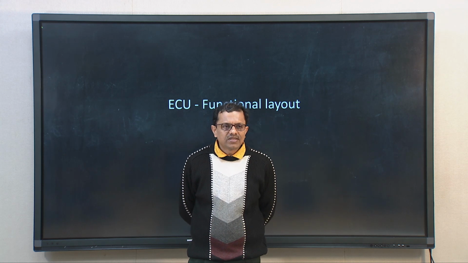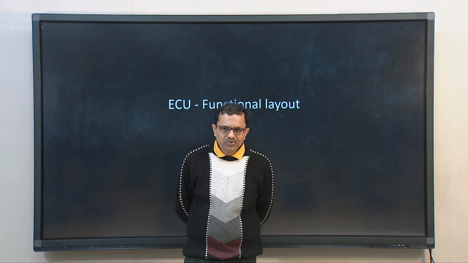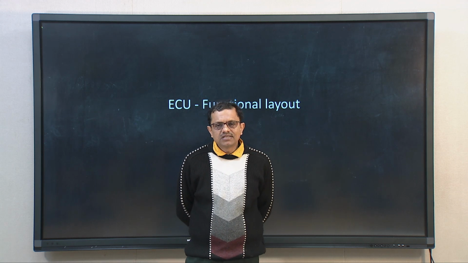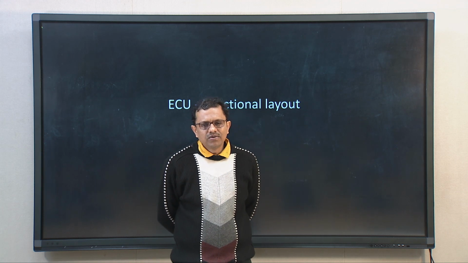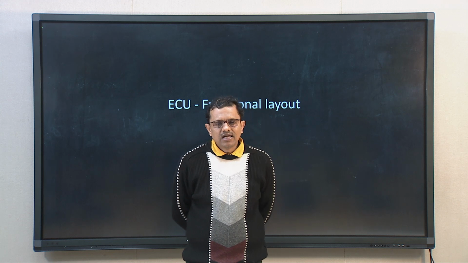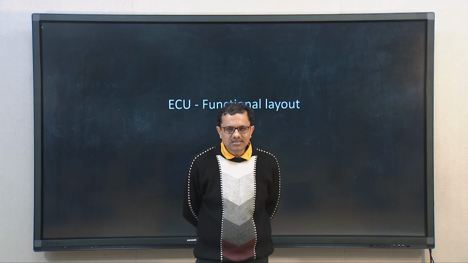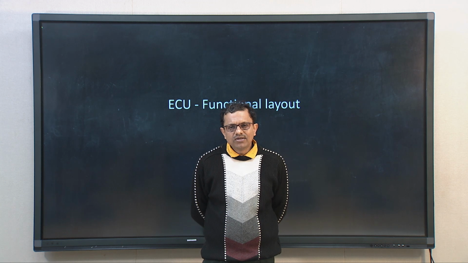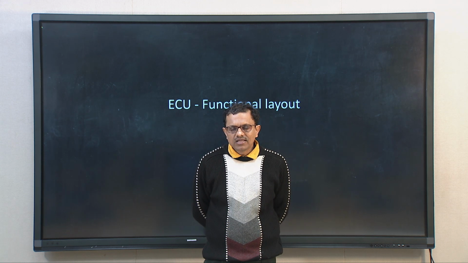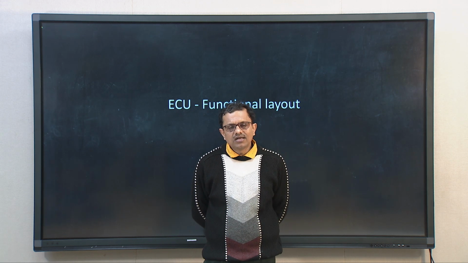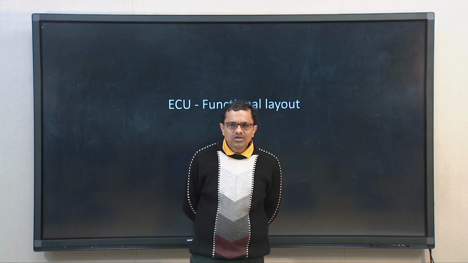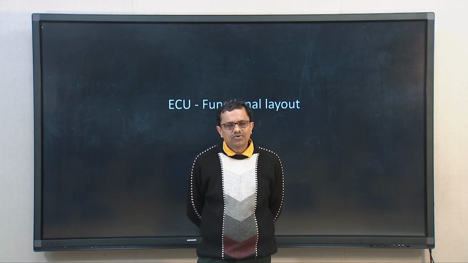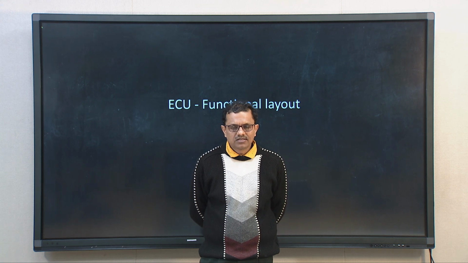So, we know that the electronic control unit essentially receives signals from the sensors, and upon receiving signals from the sensor or sensors, this unit processes data and generates control signals or output signals for the controllers, for the actuators to be precise.